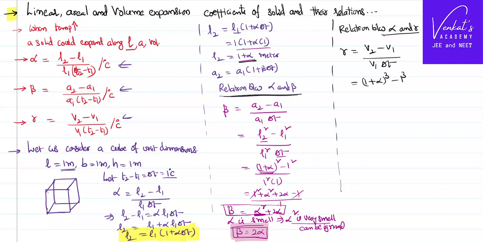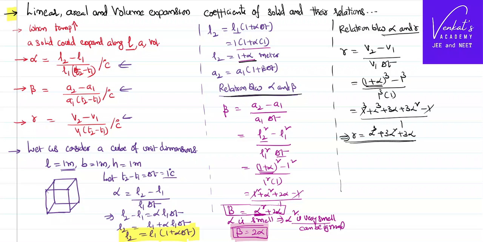V1 is L1 cube. L1 is 1 itself, 1 cube, delta T is also 1. This is (A plus B) whole cube, so A cube plus B cube plus 3A square B plus 3AB square, minus 1 by 1. This 1 and 1 can be cancelled. It implies you got gamma as alpha cube plus 3 alpha square plus 3 alpha.